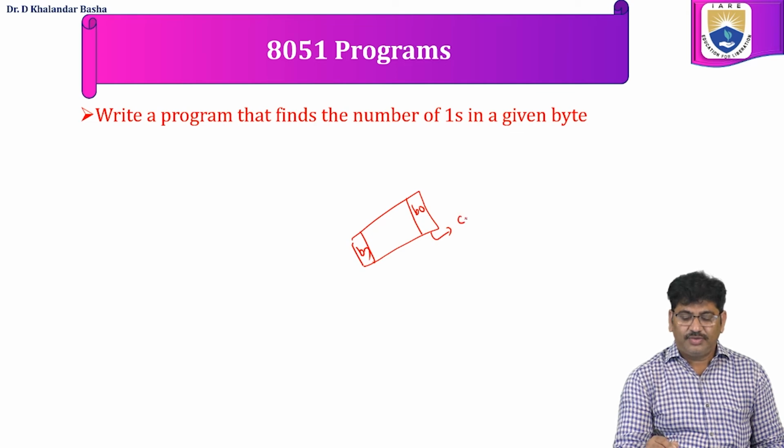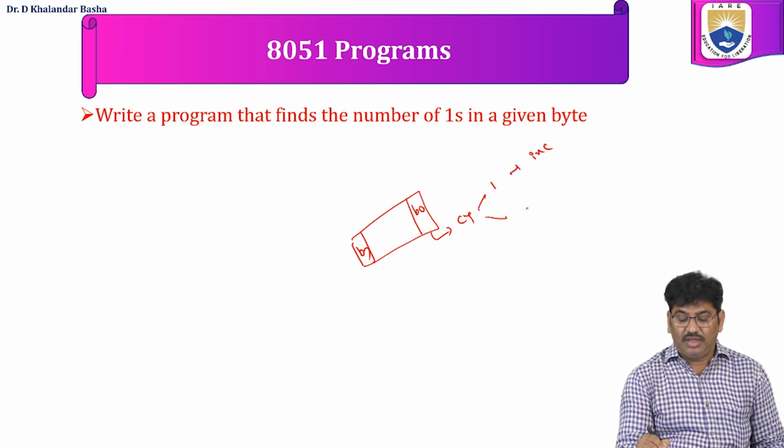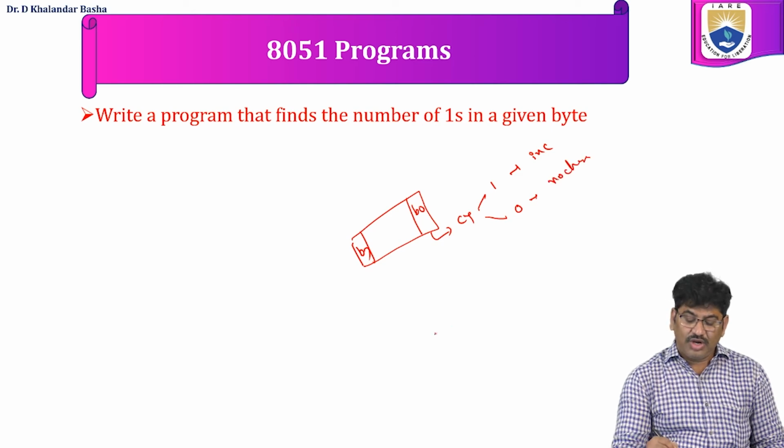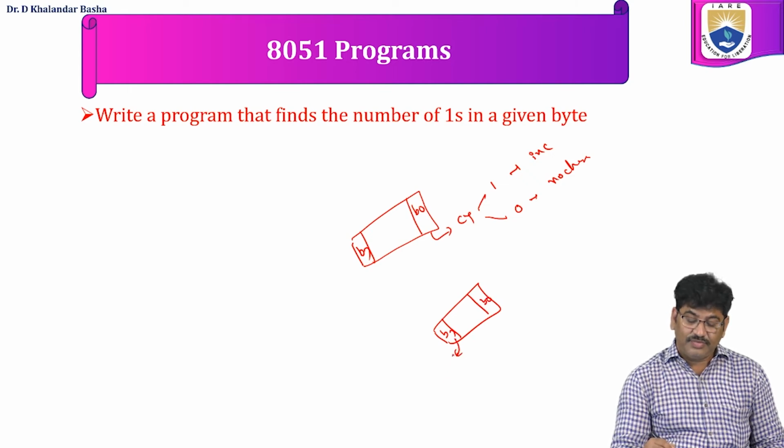If you do a right shift, then the LSB will be moved to the carry flag. If carry is 1, increment. If it is 0, no change. Similarly, you can shift left; both are valid. When you shift the contents towards the left side, bit 7 will be copied into the carry flag.